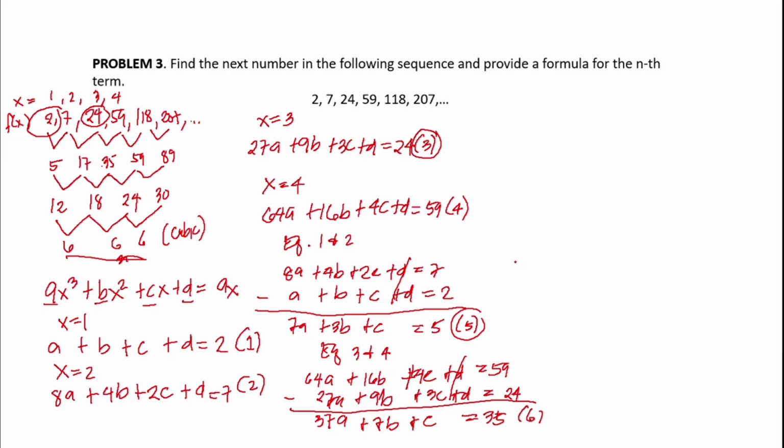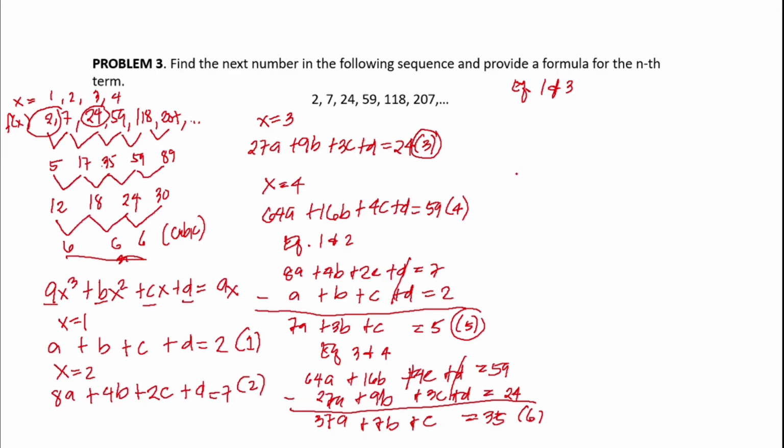So we have here equation number 5 and 6. So we still need another equation. We can have 1 and 3, because we need to find A and B first. So equation 1 and 3, this is simultaneous.